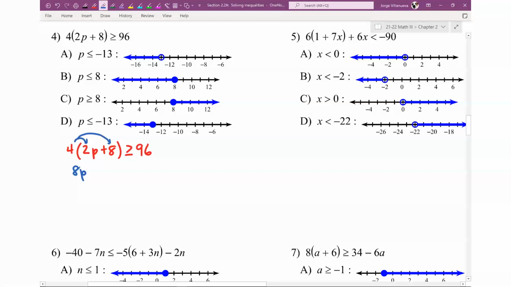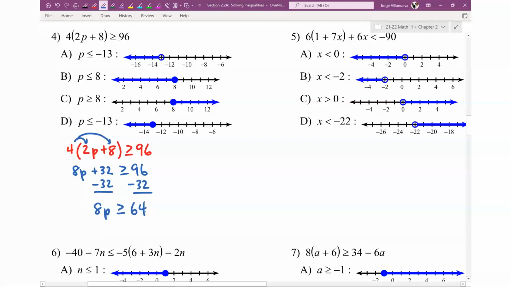And then 4 times 8, that's 32, greater than or equal to 96. Notice this is not hard. This is just like an equal sign. You're just treating it the same way. In order to get p by itself, I'm going to subtract 32 on both sides. So minus 32, minus 32. So I get 8p is greater than or equal to, and 96 minus 32 is 64.